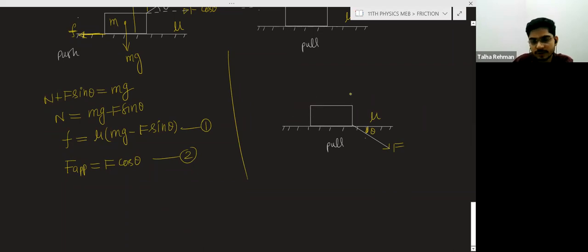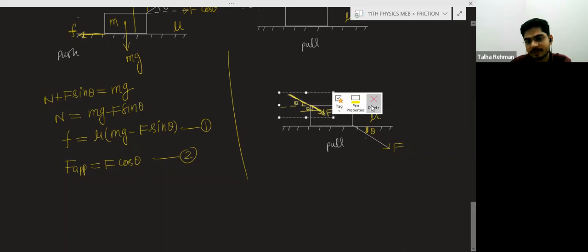So see here why this is theta. This is parallel to this surface and this is parallel to this surface, and this is the angle like this. If you are shifting the force parallelly, and this angle is theta, then this angle will also be theta, right? Small maths.